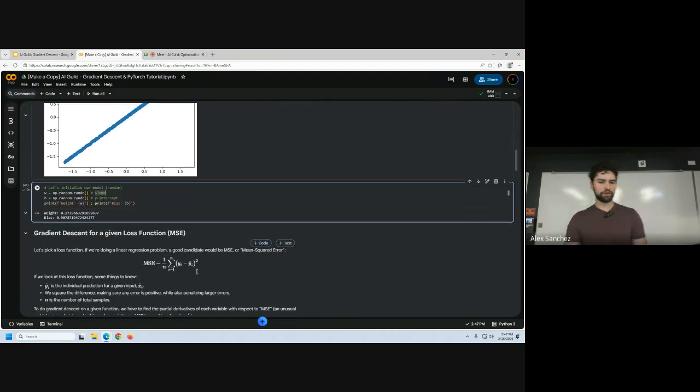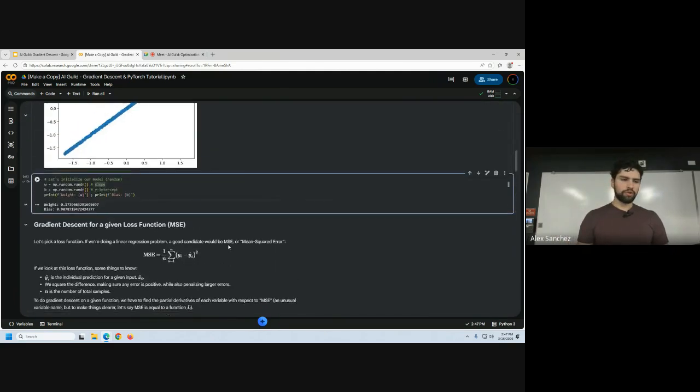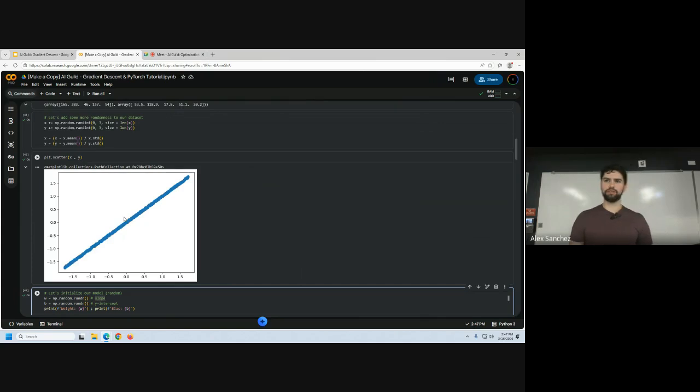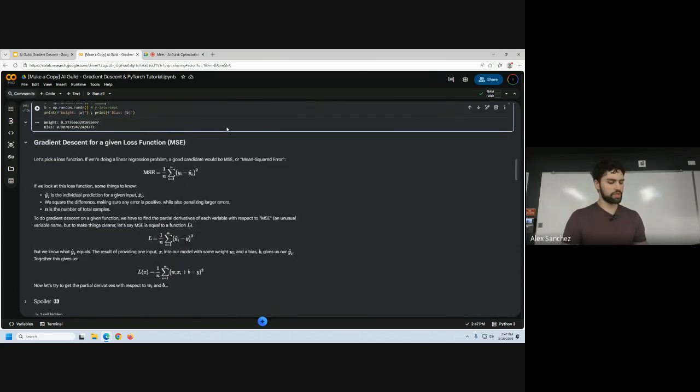And now here comes the mathy part, right? For this task of linear regression, we're going to use a loss function called MSE, the mean squared error. This is probably the hello world of loss functions in neural networks.